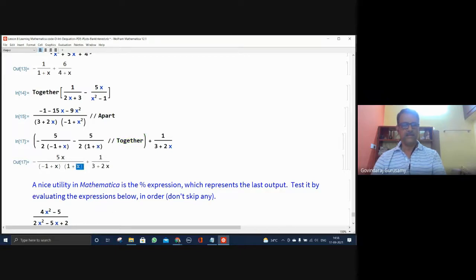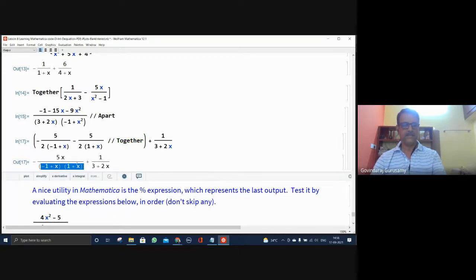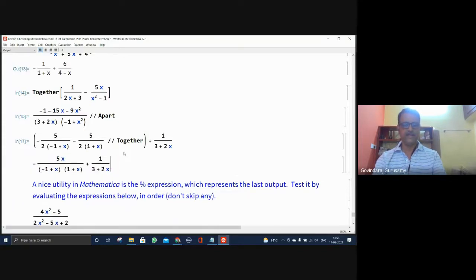And this alone, I can expand in the denominator alone. See, suppose I have a complicated expression, I can do that by taking a bracket. Okay. I put them together, or I can expand that portion of the denominator alone.